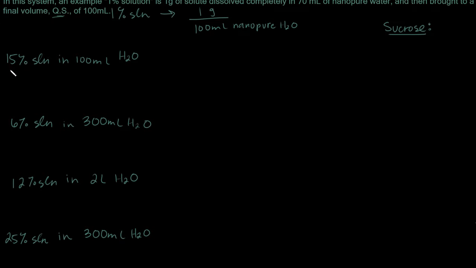We know that the definition of percent solution is grams per milliliter with the 100 mils underneath as the assumed quantity because it is percent, or of 100. So 15% solution is 15 grams per 100 milliliters. Fantastic, we have mass over volume.